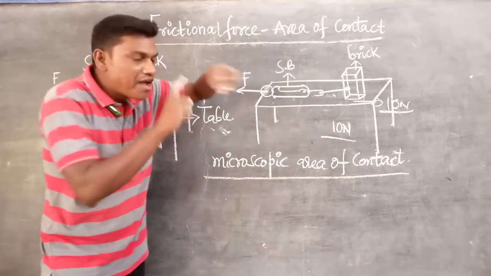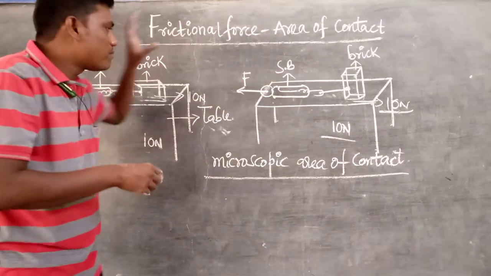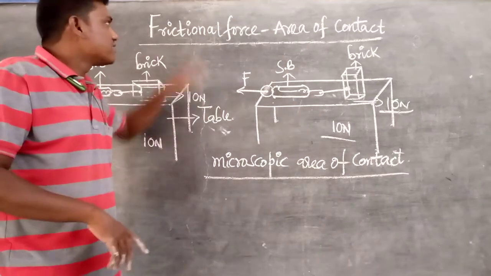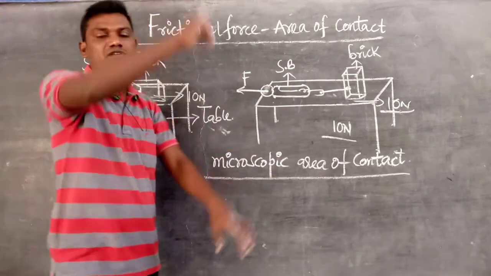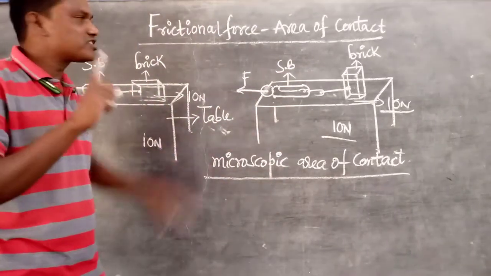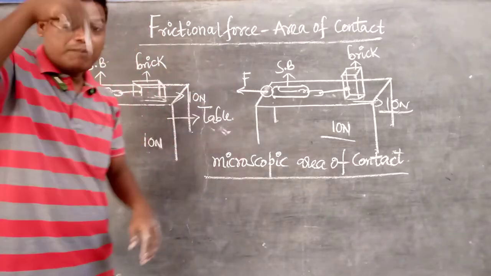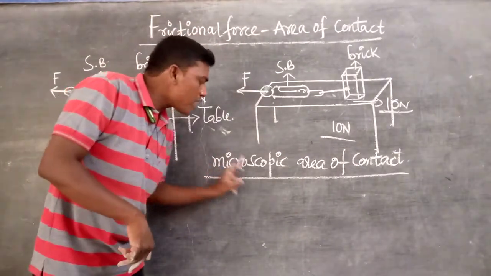After changing the area of contact of the brick, the frictional force is the same. So the frictional force does not depend on the area of contact; it is independent of the area of contact, but it is dependent on which one?